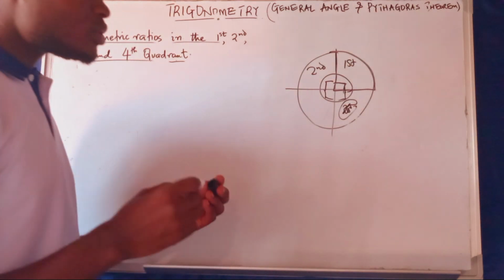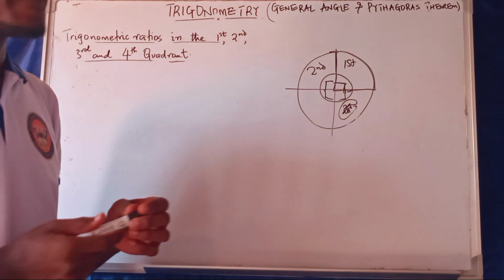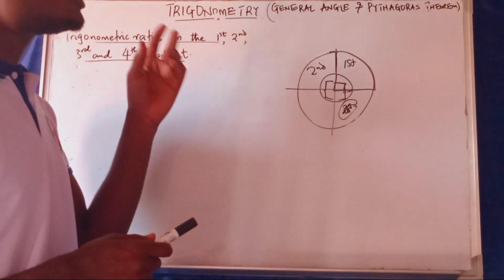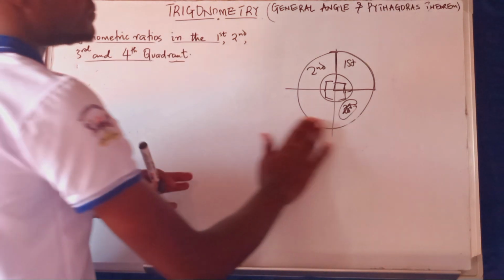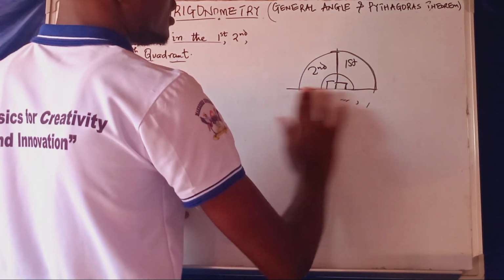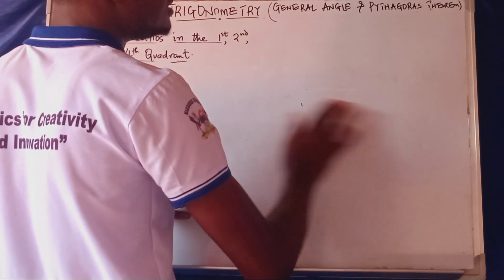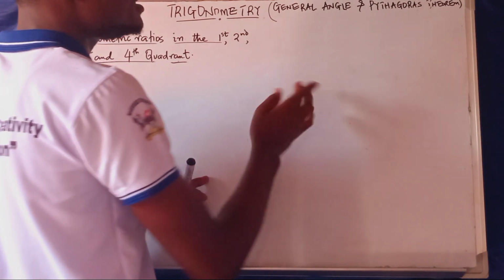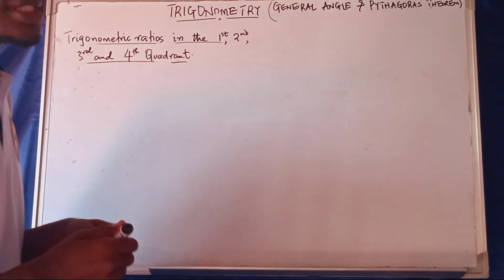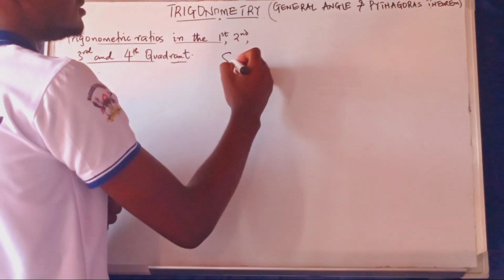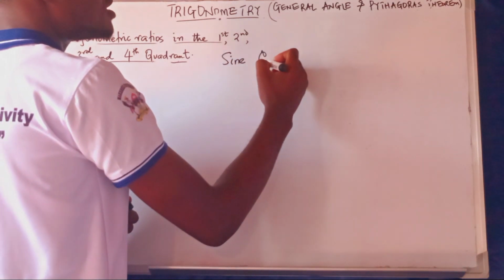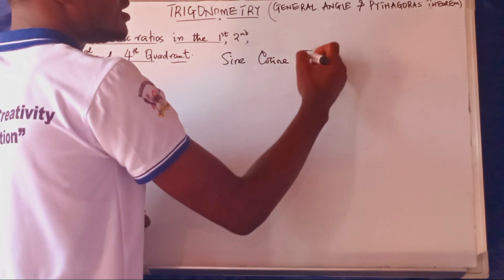So we are going to see the behavior of these trigonometric ratios. That is the sine, the cos, and the tan. The behavior of these trigonometric ratios, the sine, the cosine, and the tangent.